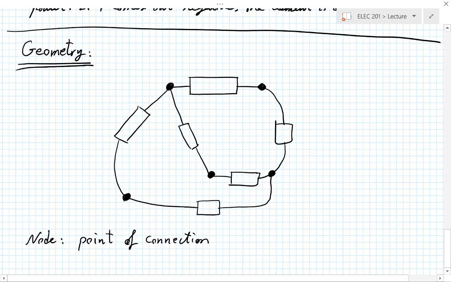So all the black circles are nodes. A branch is something that's connected between two nodes. So you have 1, 2, 3, 4, 5, 6 branches here.